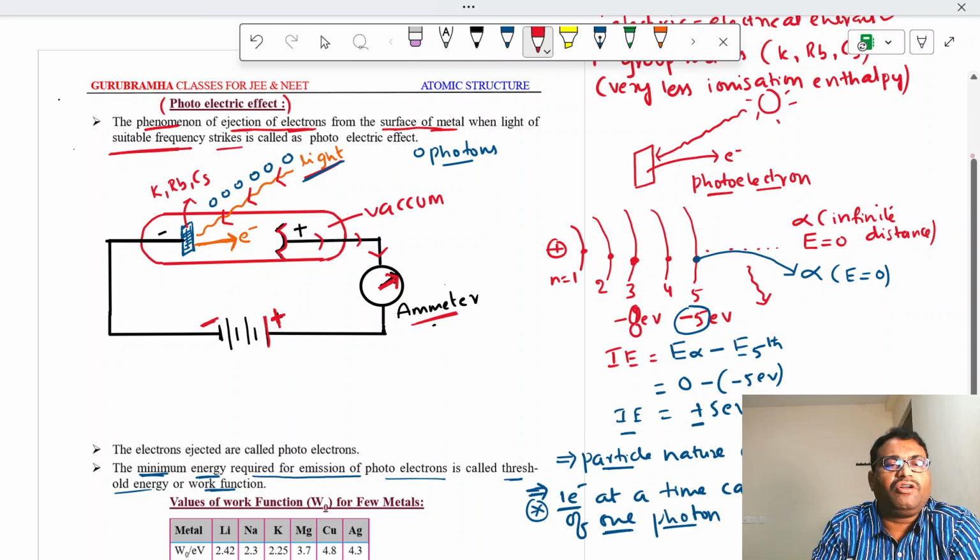When the light falling on the surface of the metal has sufficient energy so that this electron is ejected, deflection is shown in this ammeter, and the ammeter shows the amount of current passing in the circuit. Okay. So this is about photoelectric effect.